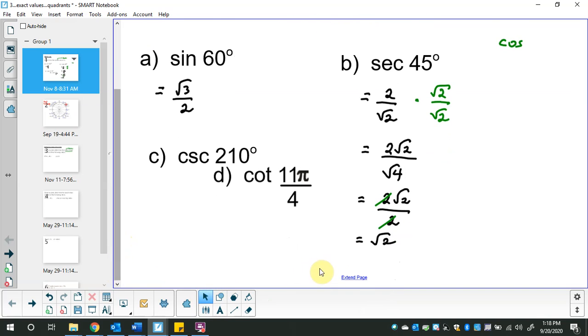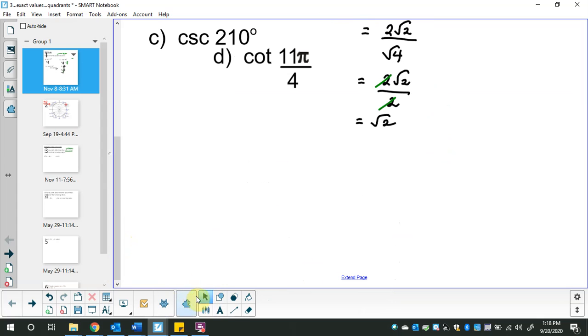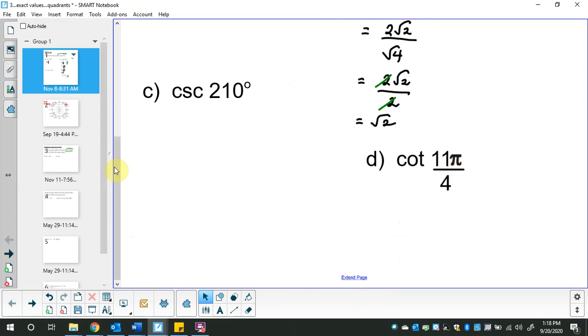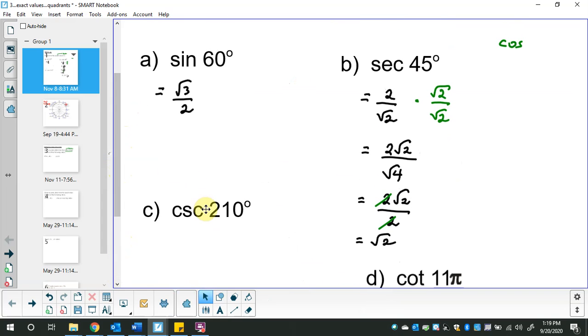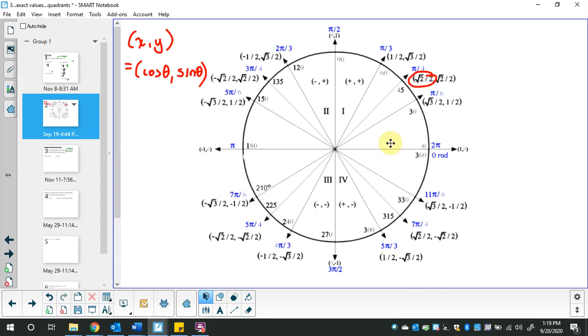C is another question that has a half problem. A half problem because although 210, like 45, is on the unit circle, cosecant, like secant, is not on the unit circle. So this time you're going to do exactly what we did the last time here, but you're going to look up sine for 210 and turn it upside down.